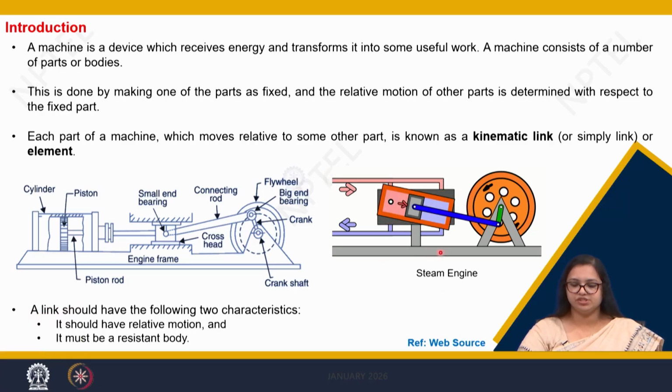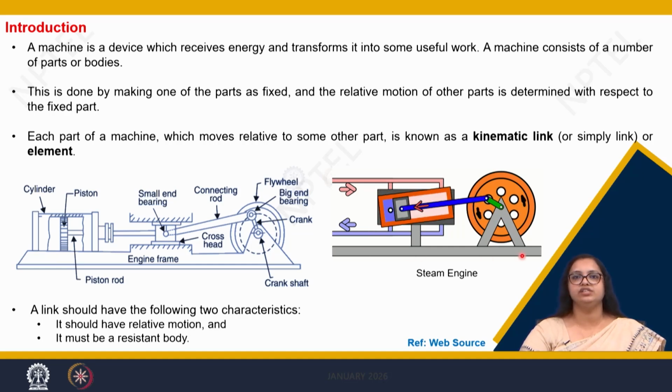this is the steam engine, where there is a base and then there is a flywheel to which a crank is attached, and then this blue component that we are seeing is the connecting rod, and this is connected to the piston which moves inside a cylinder. Now in this we can see that the cylinder is again fixed to the engine frame.